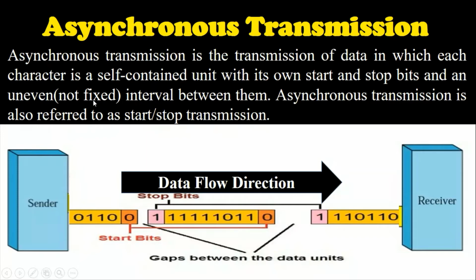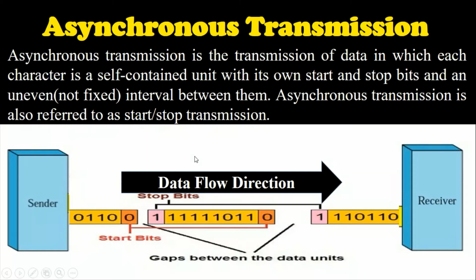So there is no fixed time interval between asynchronous transmission data, and data is moving towards the right direction. As we can see, the data flow direction is towards the receiver device, and this one is the sender. So in asynchronous transmission mode, there is a start bit and a stop bit.